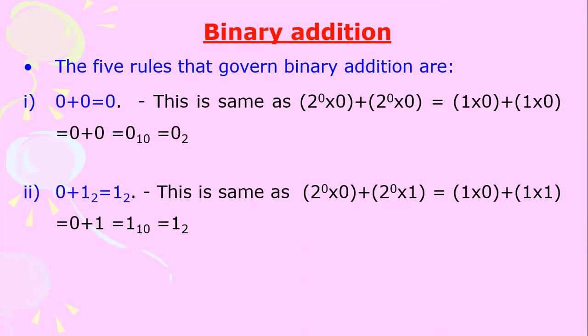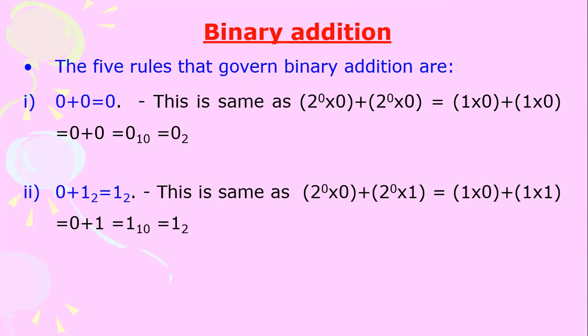Now, this is the same as 2 raised to power 0 times 0, which gives us 1 times 0, plus 2 raised to 0 times 1, which is equivalent to 1 times 1.